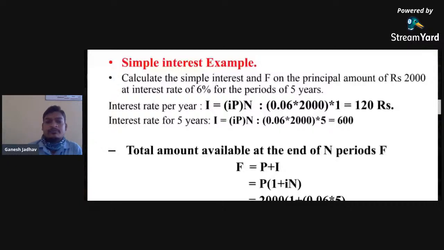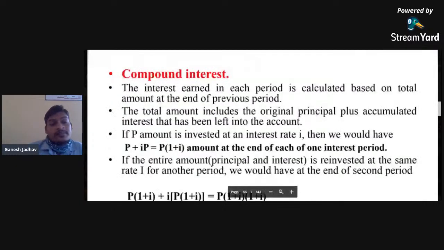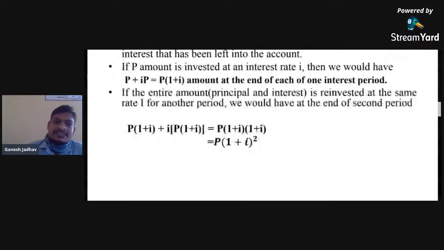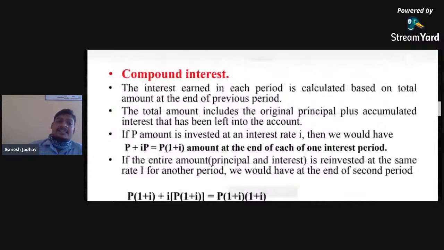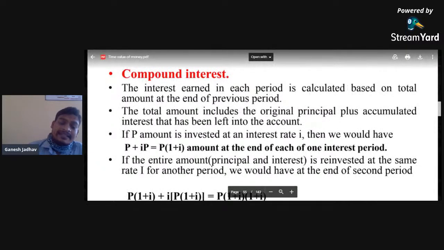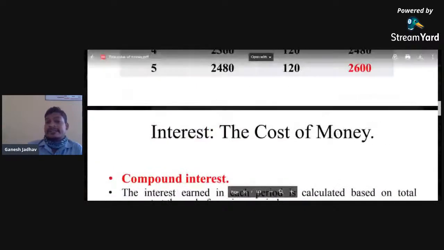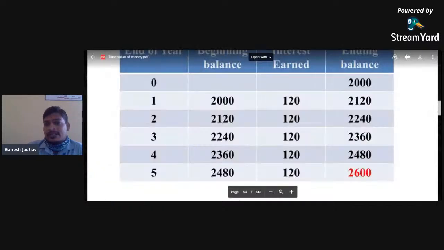Another type is compound interest. This is interest on interest. The interest earned in each period is calculated based on the total amount at the end of the previous period. But in simple interest, the interest is on only this particular amount, only these 2000 rupees.